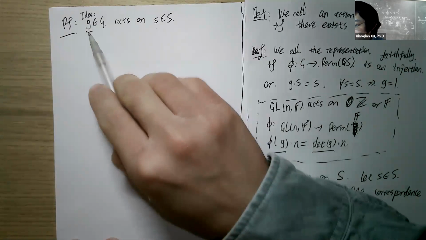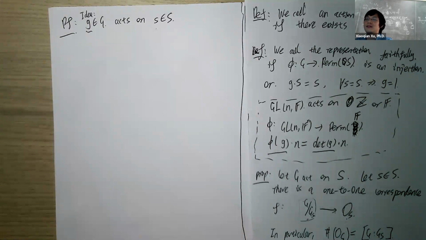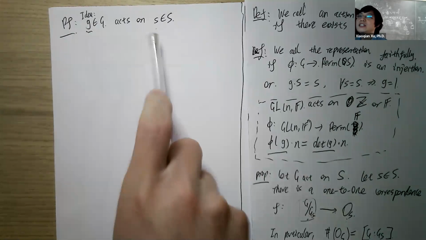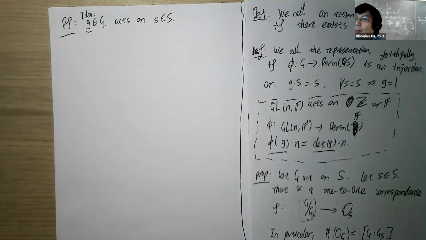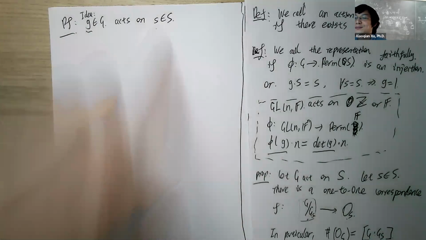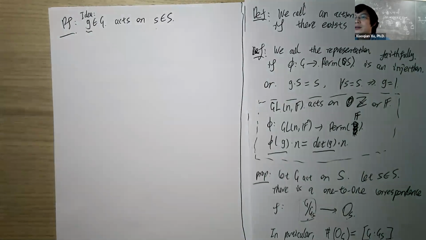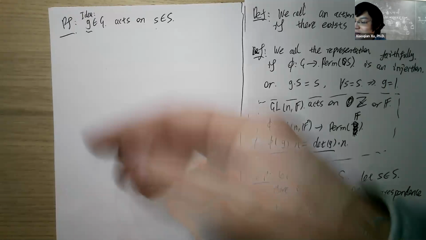If g pushes s, then that means g forms one additional element in the orbit. You push it so that you change s, then in your orbit you have one more element. Otherwise, if gs equals s, then the orbit doesn't change, right? This is our idea.